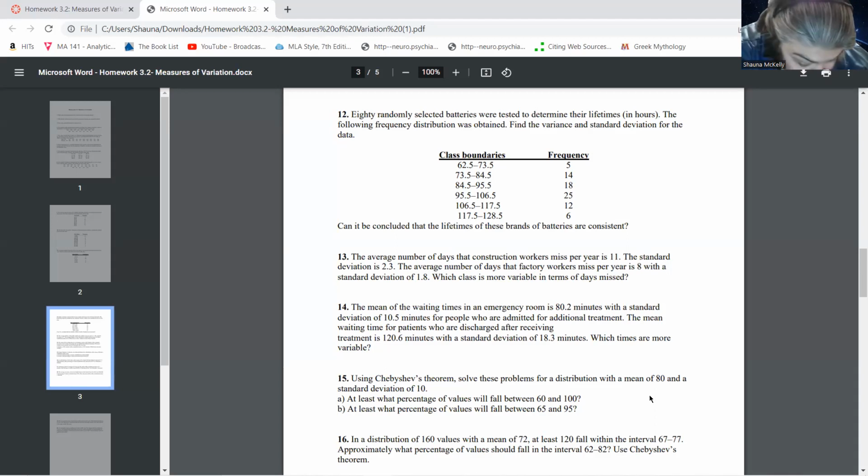That's going to come in handy. So the mean is 11, and the standard deviation S is 2.3. The average number for the factory workers is 8, and our S is 1.8. So again, one more time, let's look at this. So here's my formula.